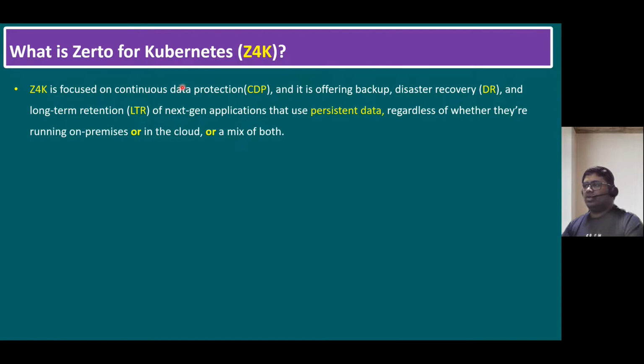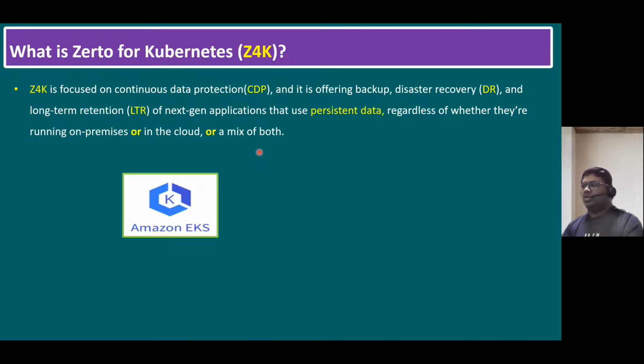Z4K is focused on continuous data protection, CDP, and it offers backup, disaster recovery, and long-term retention services for next generation applications. Next generation application means Kubernetes only, applications that use persistent data, regardless of whether they are running on premises, in the cloud, or a mix of both. A mix of both means multiple public clouds or hybrid cloud.